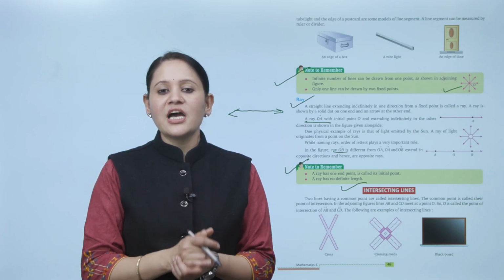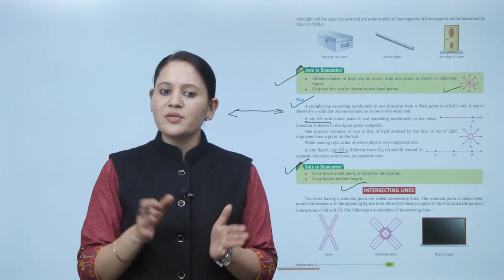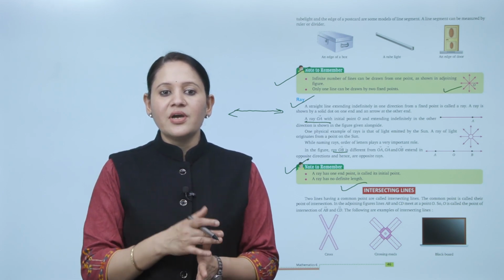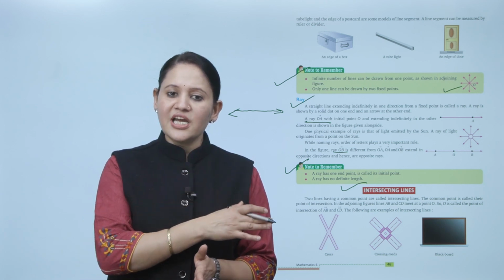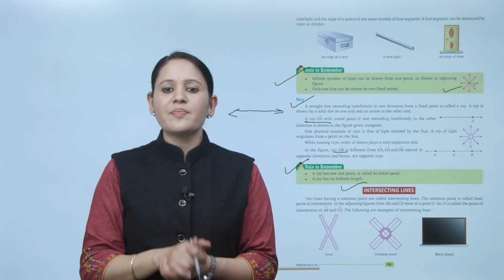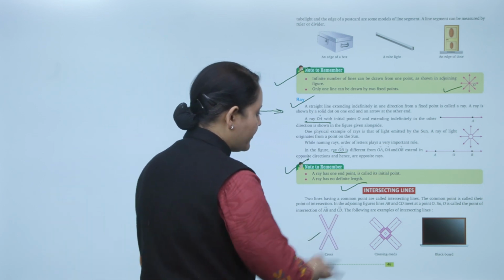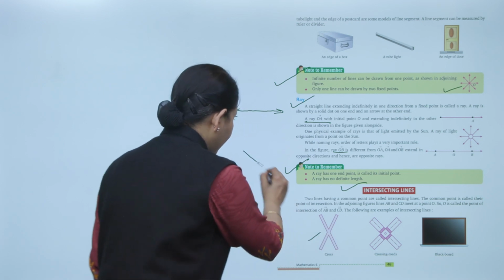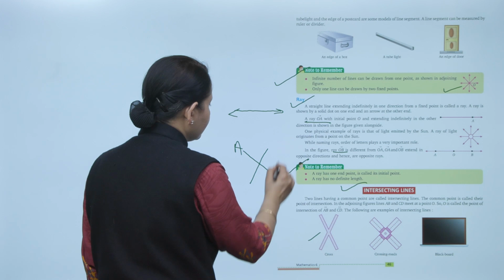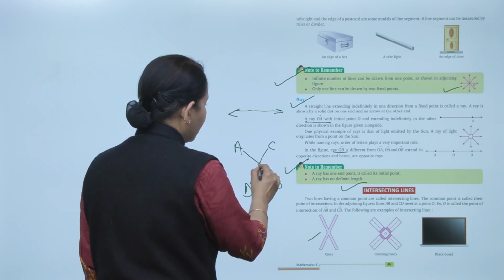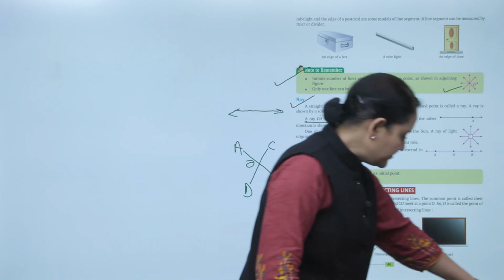In the adjoining figure, lines AB and CD meet at point O. So O is called the point of intersection, where AB and CD are the lines जिसके intersecting point क्या है O. The following are examples of intersecting lines. Here, these are examples of intersecting lines, like here AB and CD. Suppose this is the point O, this is the point of intersection. Clear?